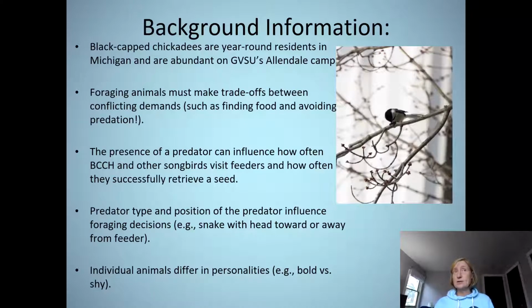We were interested in looking at how the presence of a predator affects foraging behavior at a bird feeder. Okay? And in fact, some researchers have found that the position of the predator, how close it is to the feeder, which way its head is oriented, can influence foraging decisions in black-capped chickadees.